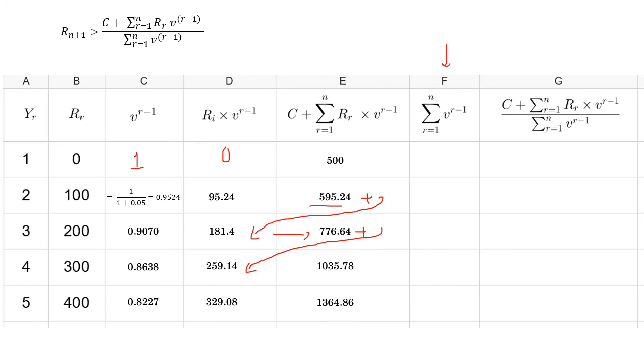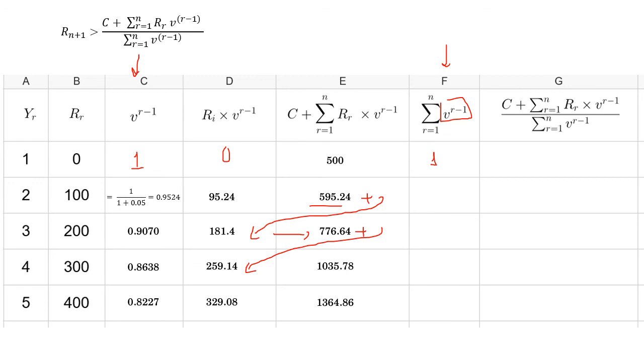Then in column F, we are going to calculate the cumulative value of the term v raised to r minus 1. We have already calculated the values of v raised to r minus 1 in column C. We just need to add them. For r equals 1 to n, with r equals 1, this is 1.